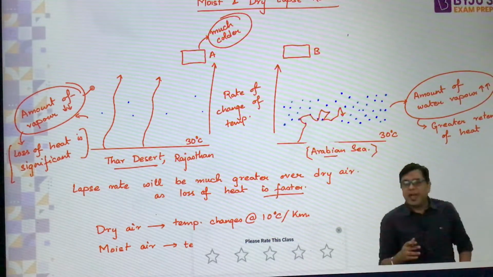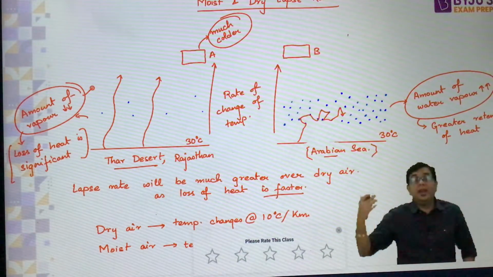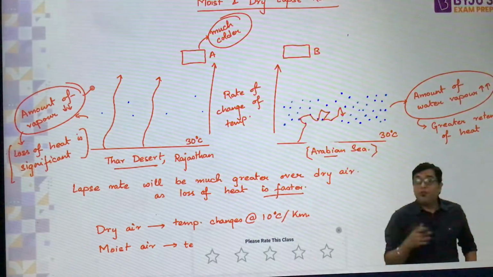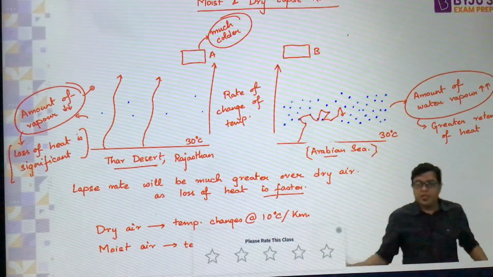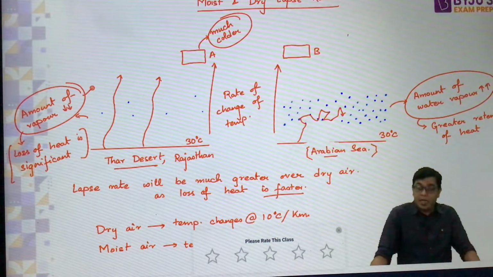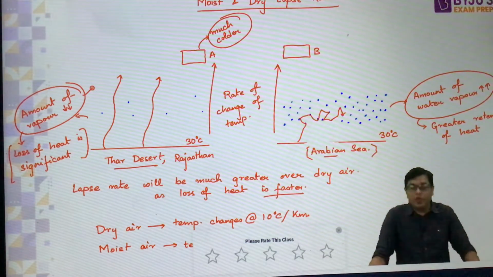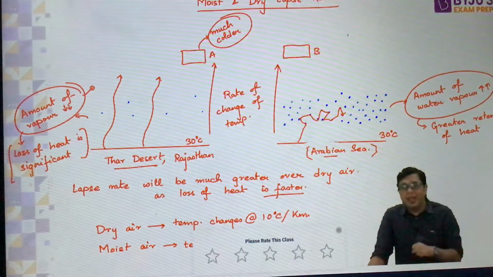Because of that, the temperature will continue to reduce quite drastically. Oftentimes you will come across the fact that desert regions become very cold at night. While they are very hot during the daytime, they become very cold at night. That is because of this property, because of dry air.